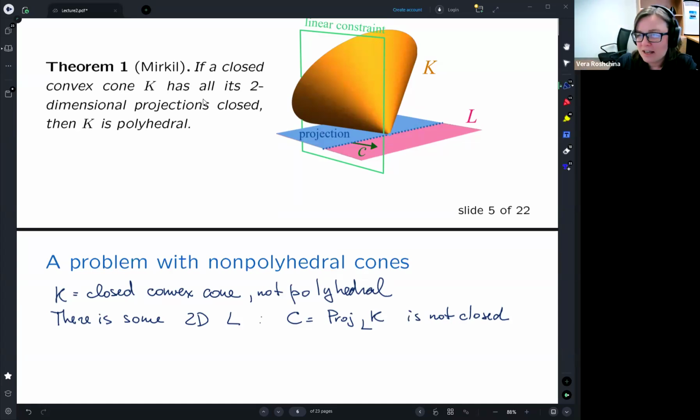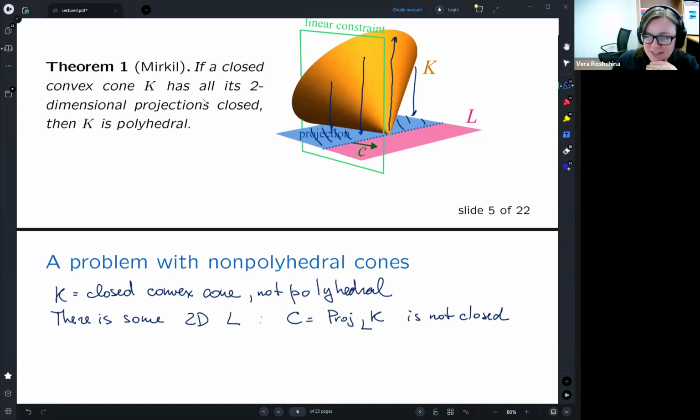And if my cone is such that this ray is orthogonal to this supporting plane to the cone, then if I project it orthogonally onto the subspace, the projection will be like a half space with the 0 included, but the rest of the boundary of this half space will not be in the projection.